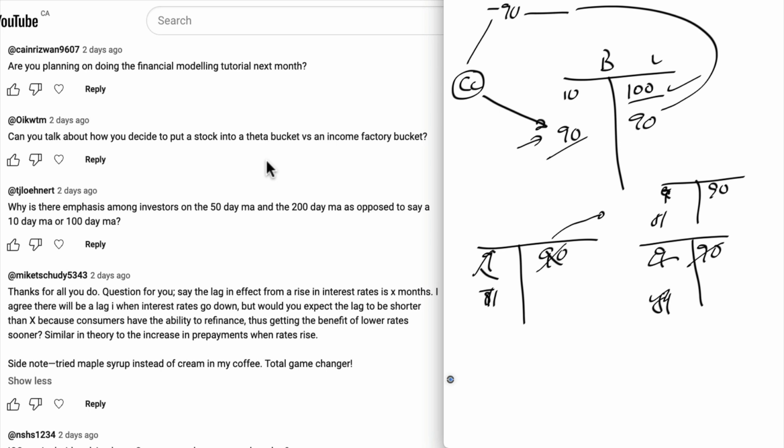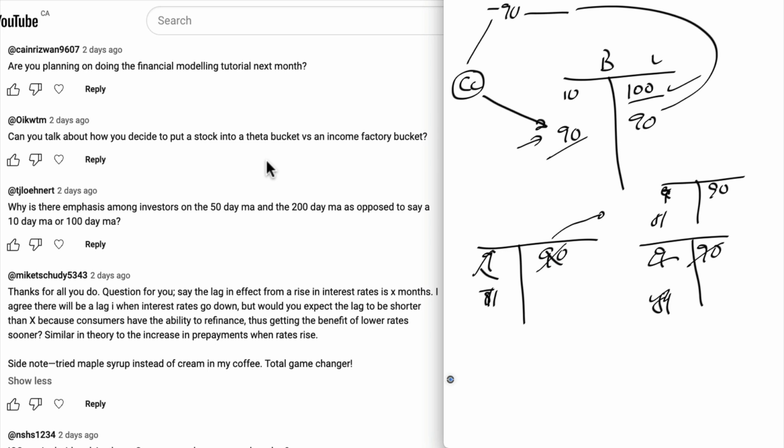Why is there an emphasis among investors on the 50 and 200 as opposed to, say, 10 or 100? So you have to think about the days, right? When you look at a 200-day moving average, it's a 200 trading day moving average. Same with the 50. It's 50 trading days as opposed to 200 past days, because obviously there is no Saturday or Sunday in these things.